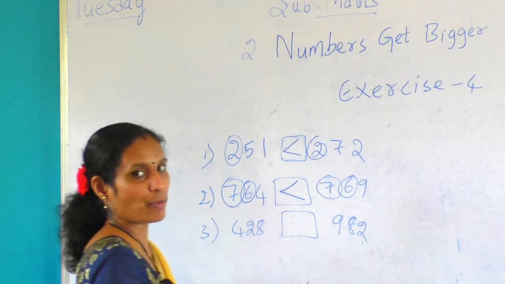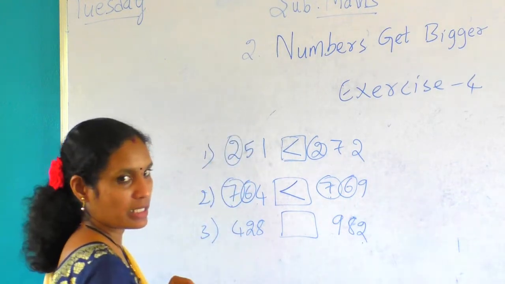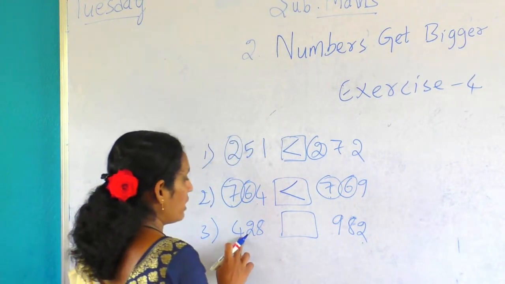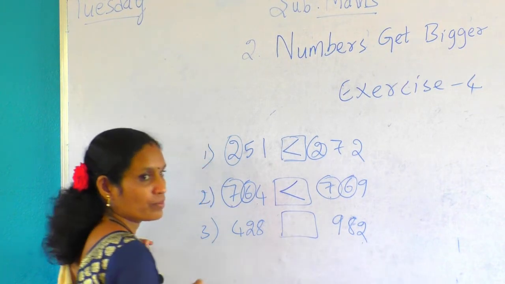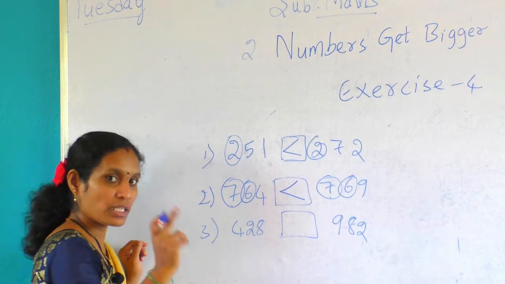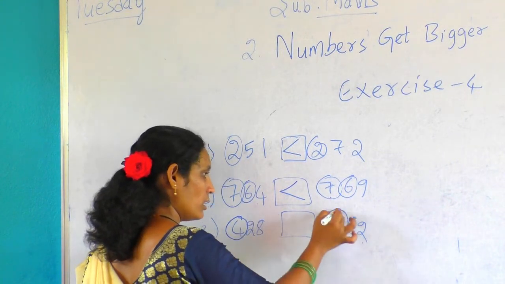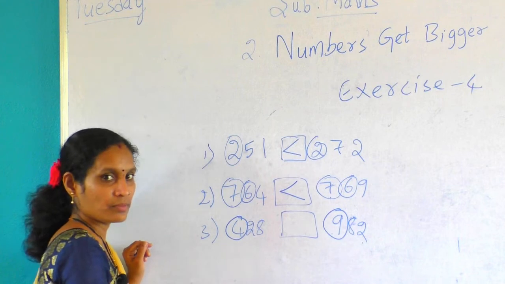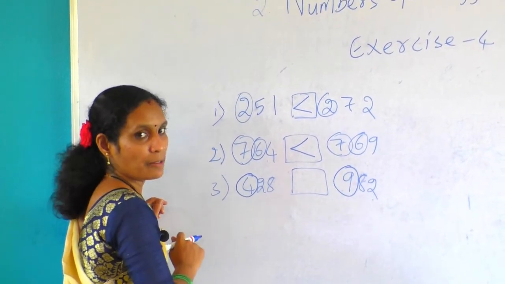So, the next problem, you see, 428 and 982. You see the hundreds place first. Hundreds place 4, 9. Which is bigger?